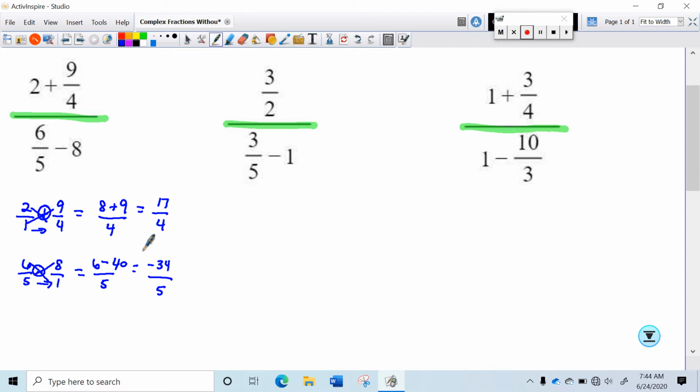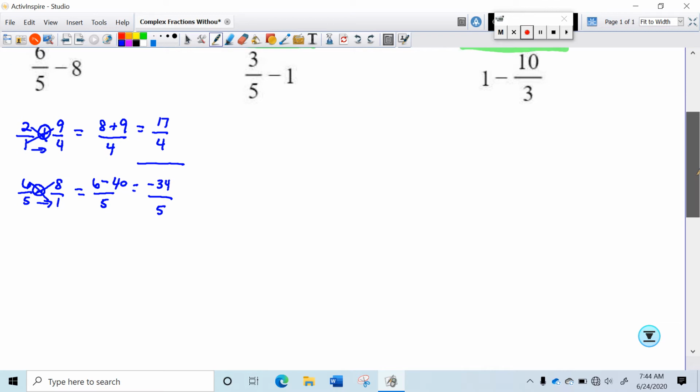But remember, these were fractions. So now what I do, make a fraction bar. Outside numbers go on the top. 17 times 5 is 85.